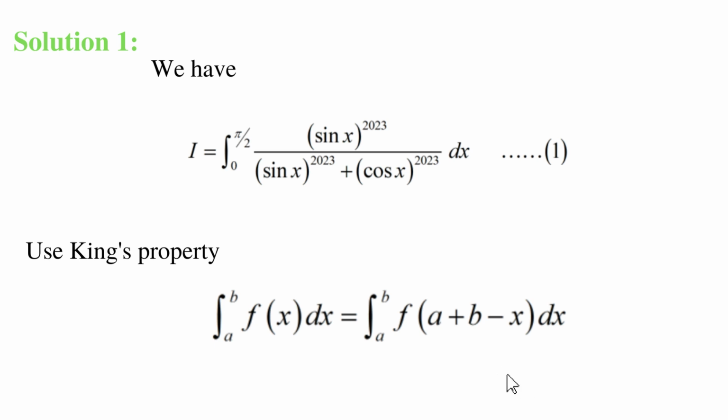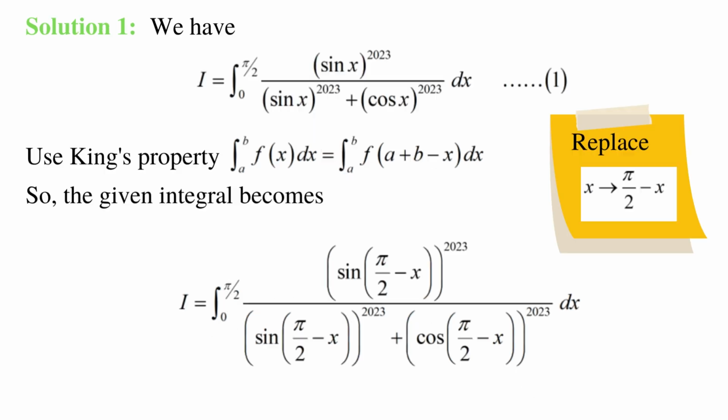For the provided integral, notice that the lower limit is a equals 0 and the upper limit is b equals pi by 2. So applying the King's property to the given integral essentially means replacing x by pi by 2 minus x. Let's apply King's property to equation 1.